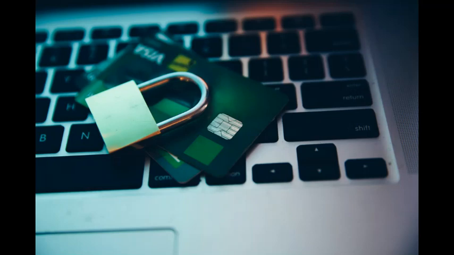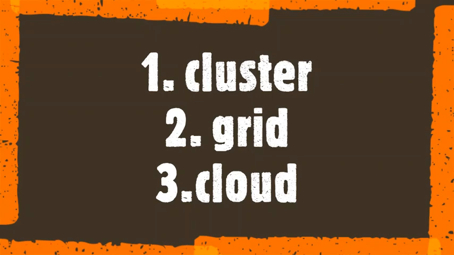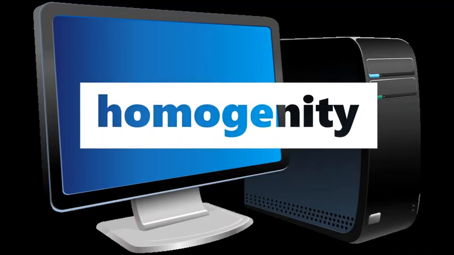Talking of security and safety, your first priority should be cluster, then grid, and then cloud computing. Because in cluster computing, all the devices are your own and are under your own surveillance. Next is homogeneity of the devices.